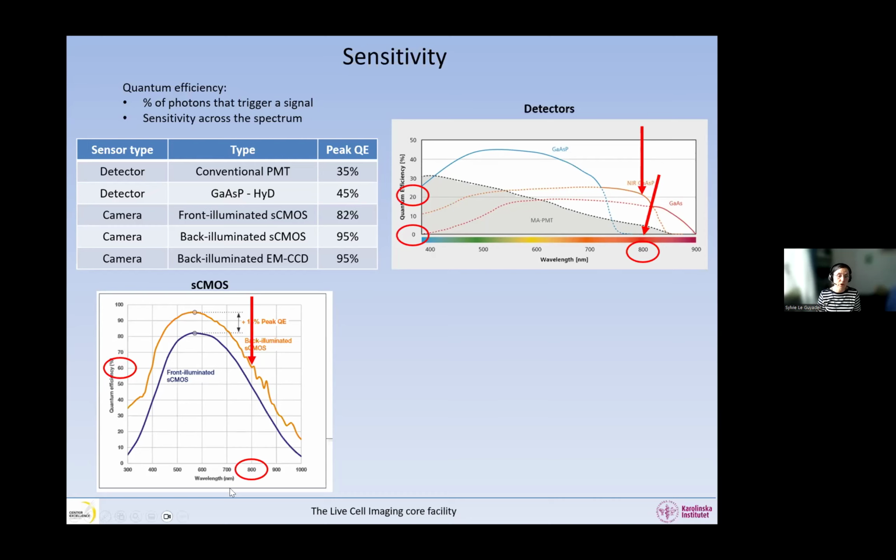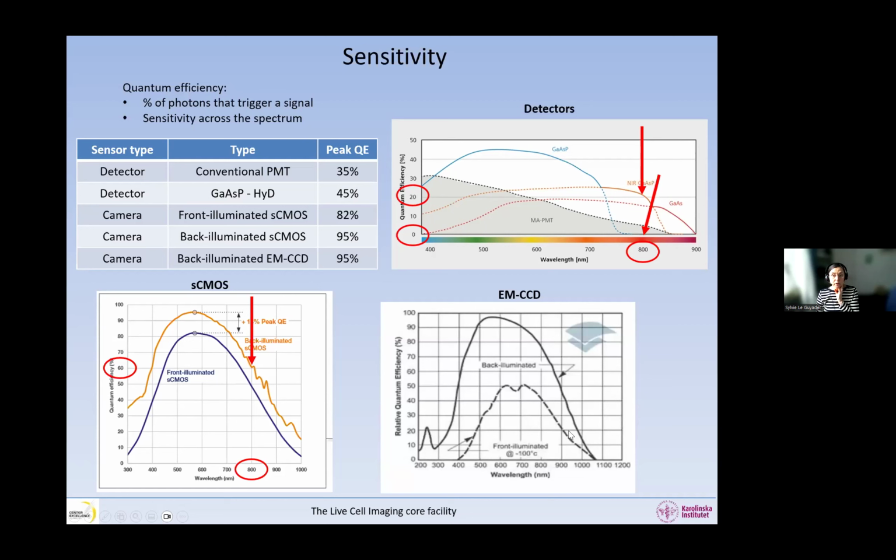So there's a lot of development in the near infrared, and it's more and more common that microscopes have the capability to excite fluorophores around 700 something. And so then you have to look a little bit at where you emit and see that your sensor has a proper quantum efficiency in that range.